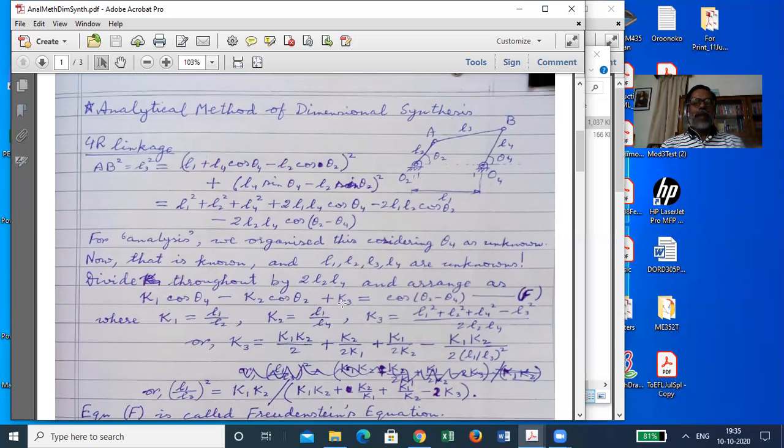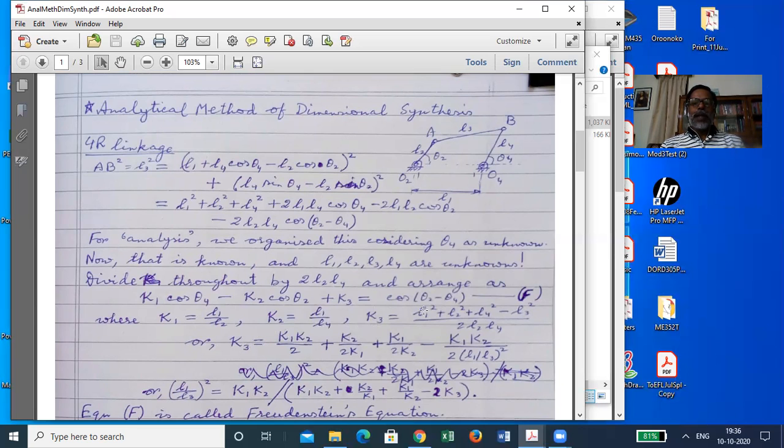K3 actually you can organize. See, K1 is already L1 by L2. K2 is already L1 by L4. L1 by L3 is missing, but in lieu of that, this is given. So this you can organize like this.